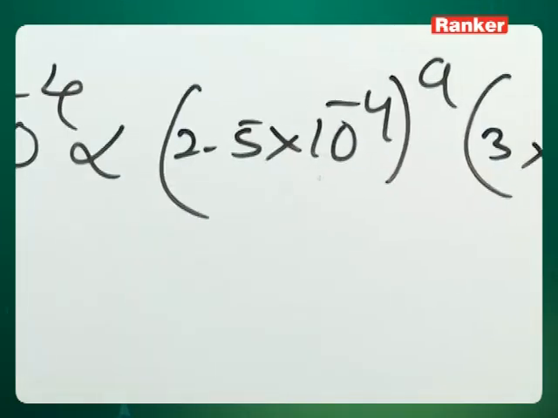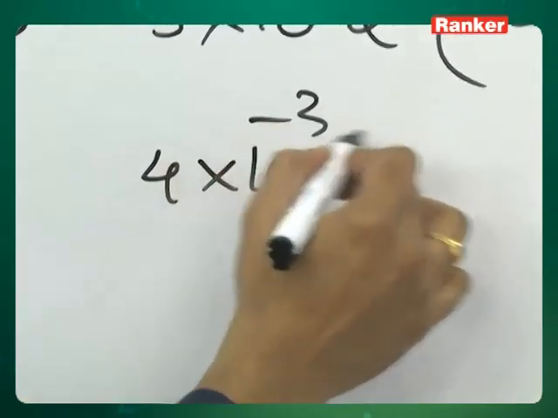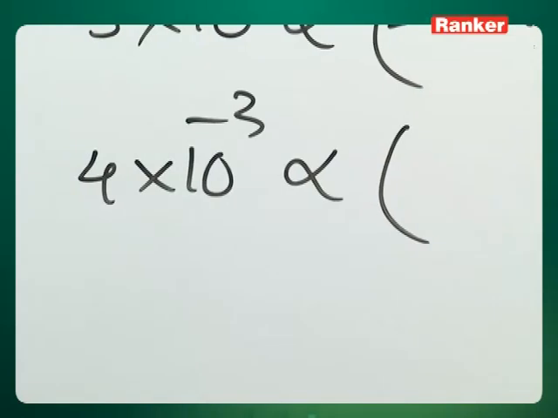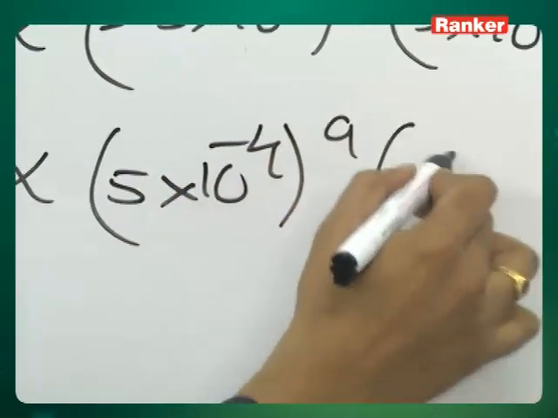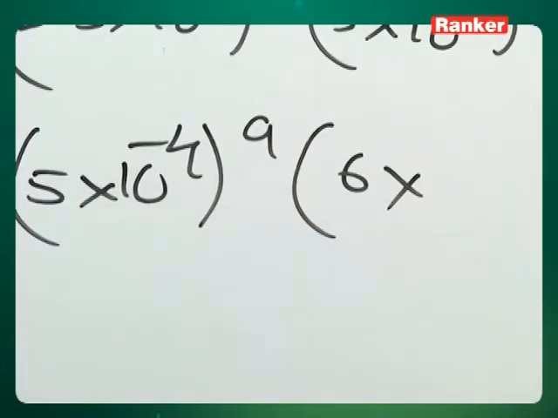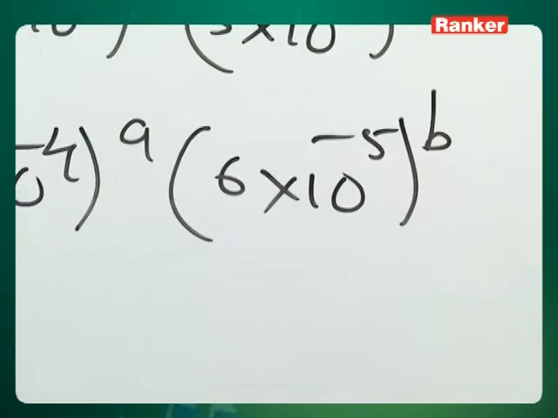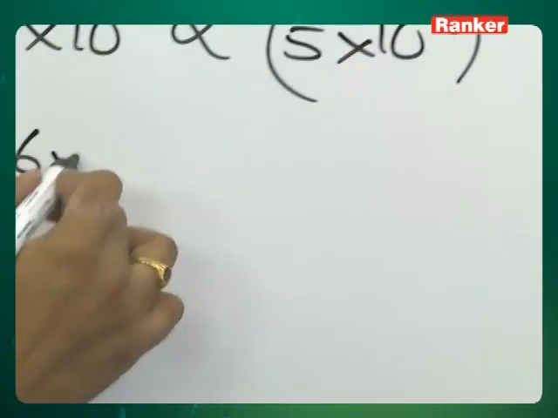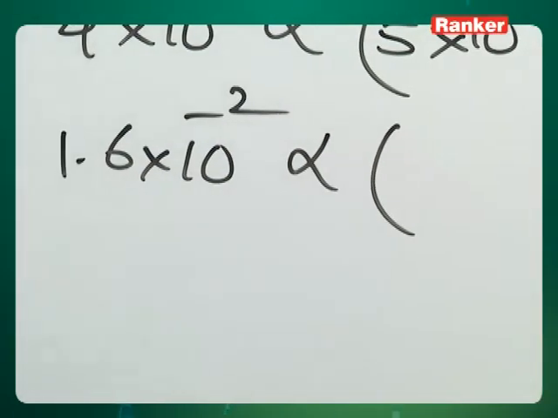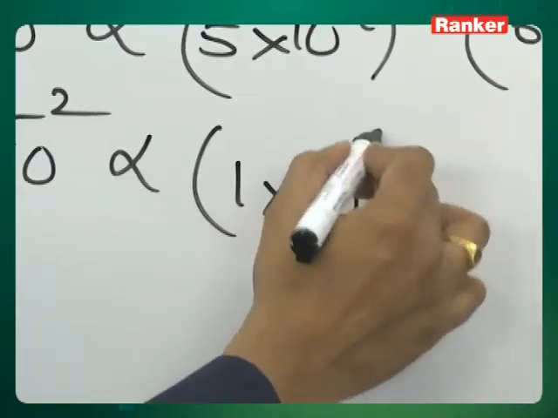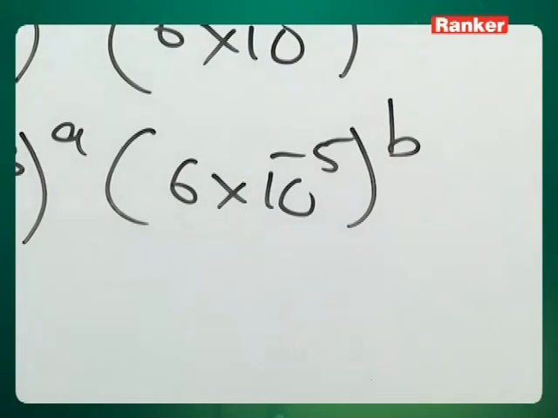And the second one is 4 into 10 to the power minus 3, which is directly proportional to the concentration of A, 5 into 10 to the power minus 4, whole power a, and 6 into 10 to the power minus 5, whole power b. In the third case, we have 1.6 into 10 to the power minus 2, which is directly proportional to the concentration of A increased 2 folds, 1 into 10 to the power minus 3, whole power a, by not changing the value of B.